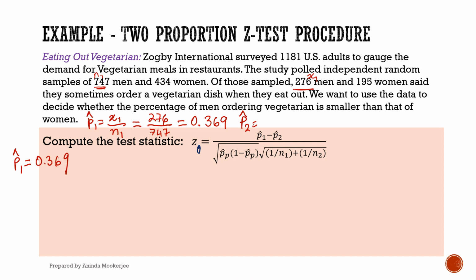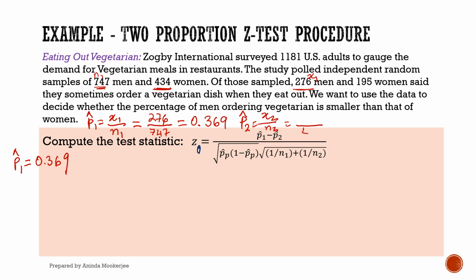We have to do the same thing for p hat sub 2. So p hat sub 2 is going to be x sub 2 divided by n sub 2. Well, let's first plug in for n sub 2. 434 women were the total number of women in the pool of adults surveyed.